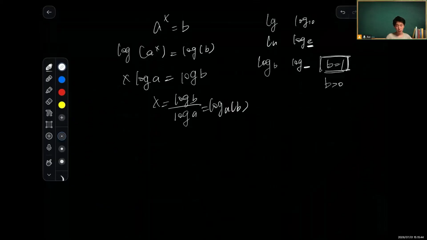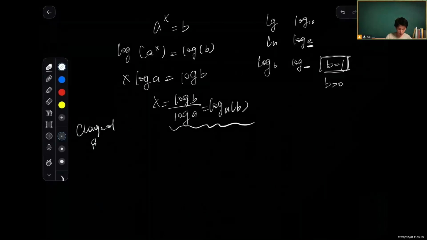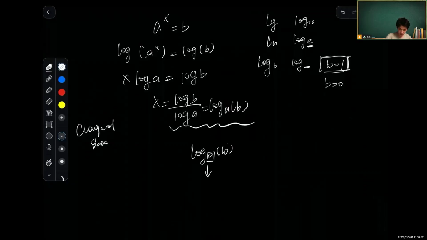That is a really interesting conclusion. So this identity over here is called the change of base formula. It essentially means that whenever you write a logarithm like this, you can move the base downwards, move the target variable upwards, and write it as a fraction. Apply any logarithm to these two values, and it is still true.